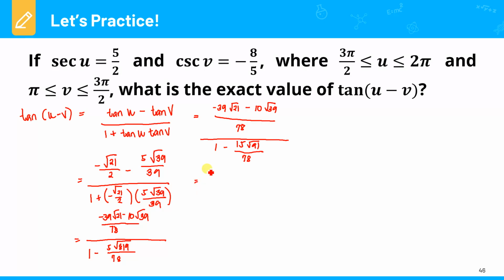So in other words, you have negative 39 square root of 21 minus 10 square root of 39 over 1 minus 5 square root of 91 over 26. Now we can combine the denominator. Oh, I forgot to write the 78. Wait for a while.